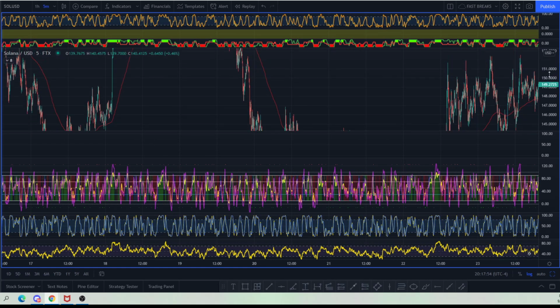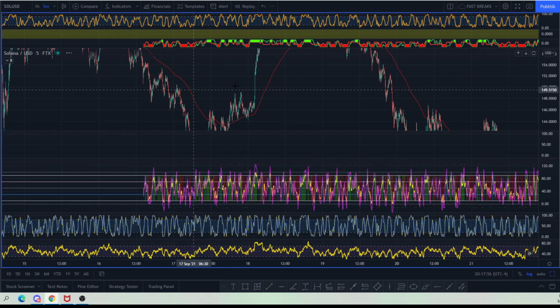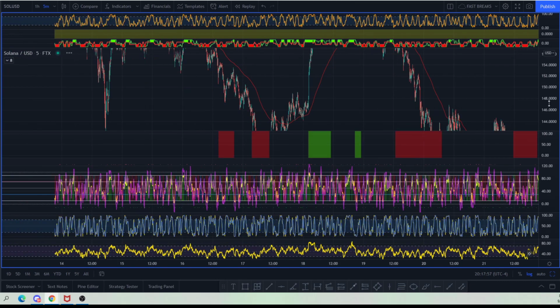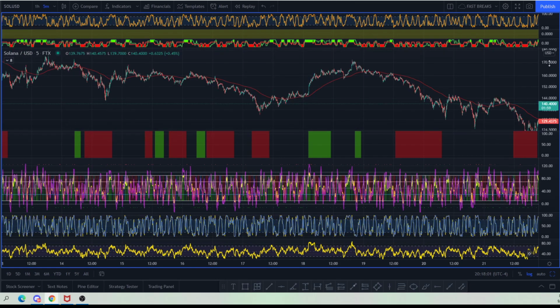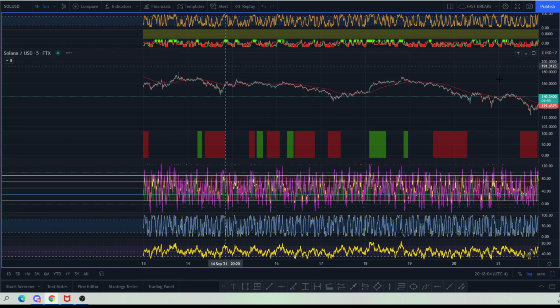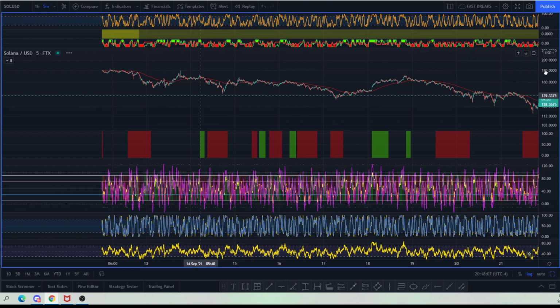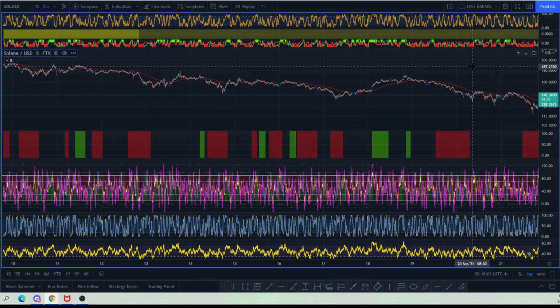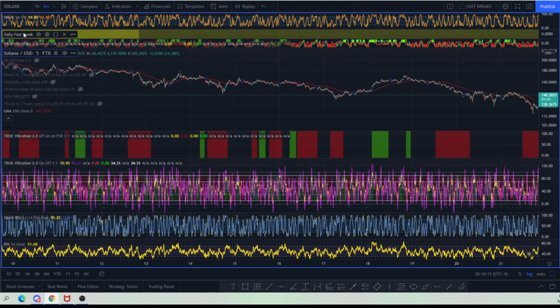So although, yes, I am cheating by taking something that really took off recently, I'm going to tell you what you can do. You can use whatever tool you like to find strong assets, strong stocks, cryptos, coins, whatever it is. This here, so you have an understanding, is a tool that I use called Fast Break.